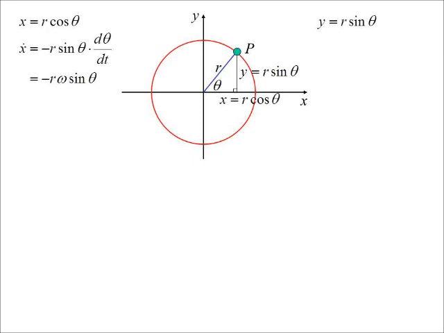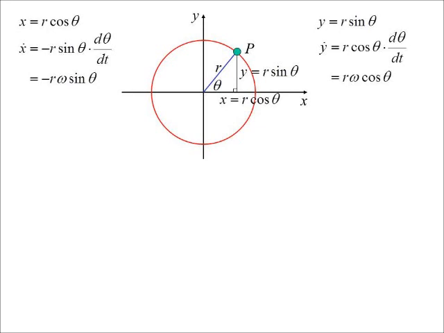And so we get that the horizontal component of velocity would be minus r omega sine theta. We do the same thing for the vertical. Only difference is now I have cos theta instead of sine theta when I differentiate, but again d theta dt becomes omega.